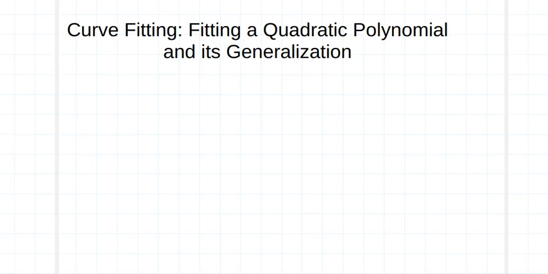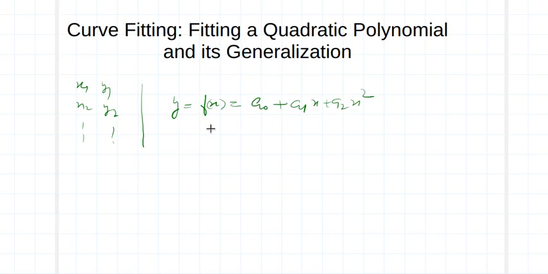So consider data points x1, y1, x2, y2, and so on. Let us try to fit a polynomial that is quadratic in nature, say a naught plus a1x plus a2 x square.